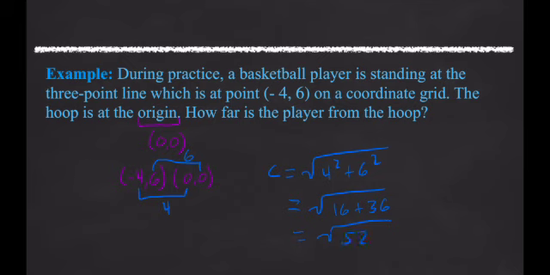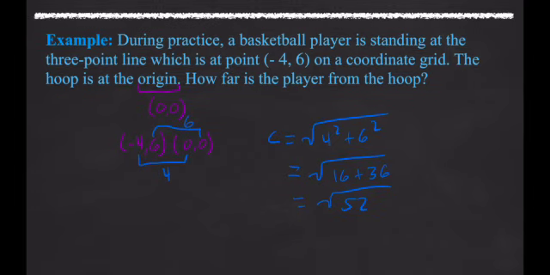Okay, the square root of 52 is not a perfect square. However, it can be simplified. We want to simplify our square roots. So just a quick lesson on simplifying square roots. Let's look at 52. 52 has certain numbers that can multiply into it.